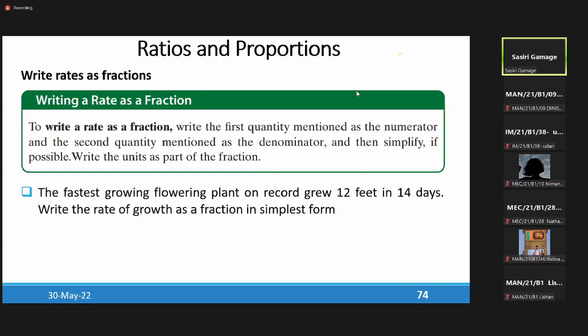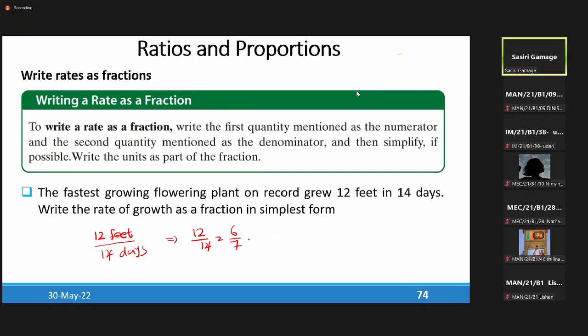Here, the first quantity is 12 feet in 14 days. Is that clear? 12 feet in 14 days. That means 12 over 14, that ratio we have, then this is equal to 6 over 7.